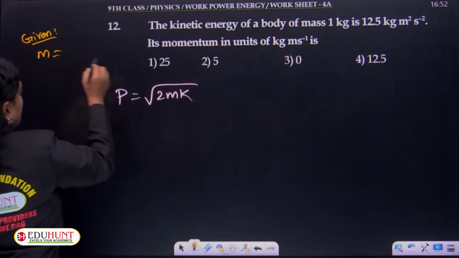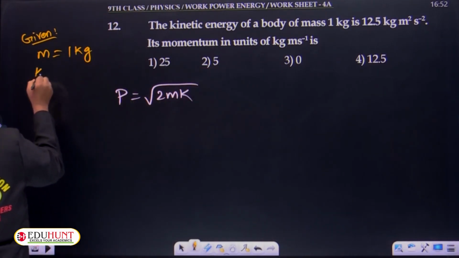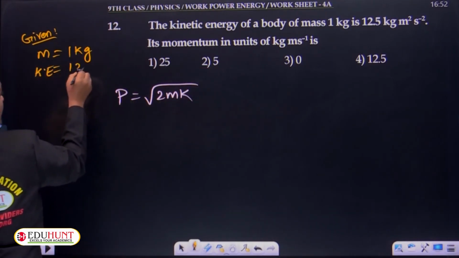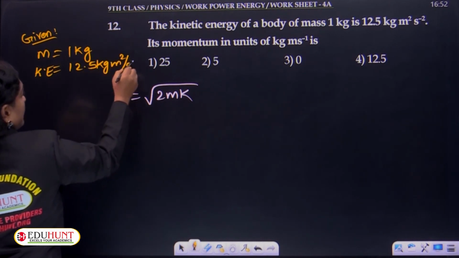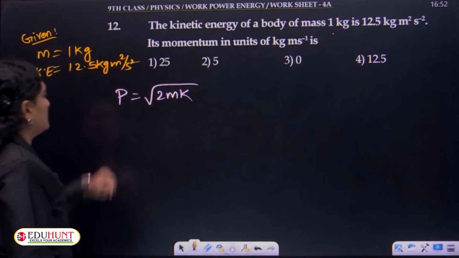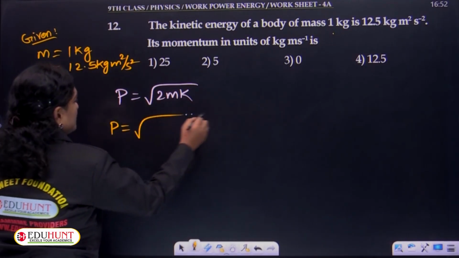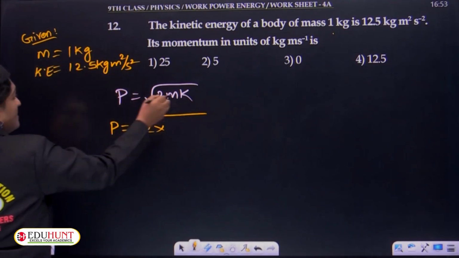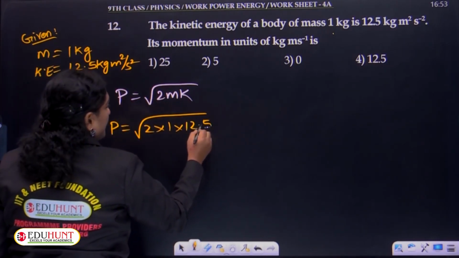Whose values are given as mass of the body, given condition. Mass of the body is given as 1 kg, whereas kinetic energy of the body is given as 12.5 kg meter square per second square. So, this is the given data. Substituting all the values, momentum can be found out as under root 2 times mass, replaced with 1, kinetic energy replaced with 12.5.